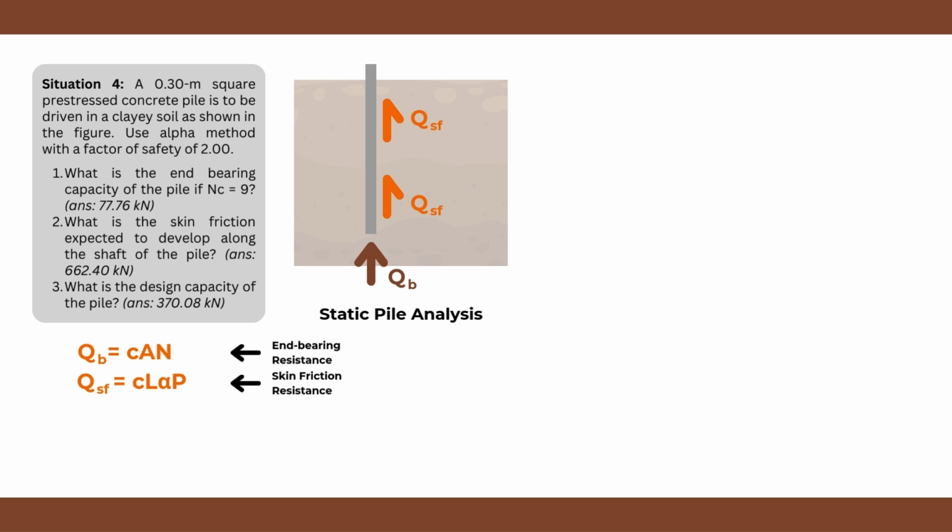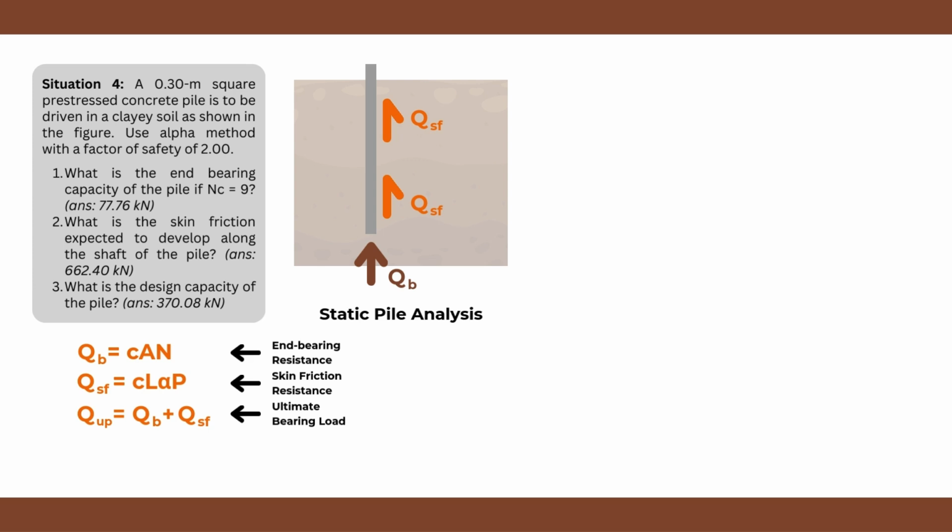Adding the two resisting forces, we can actually get the ultimate bearing load of our concrete pile. And technically speaking, we already have our formulas to solve for 1 and 2. So to make this more convenient, kunin na rin natin formula ni number 3.